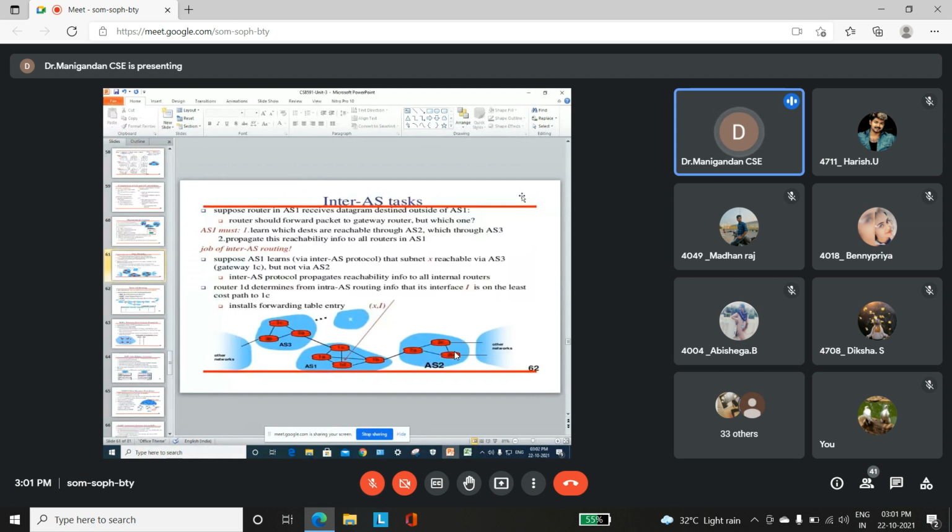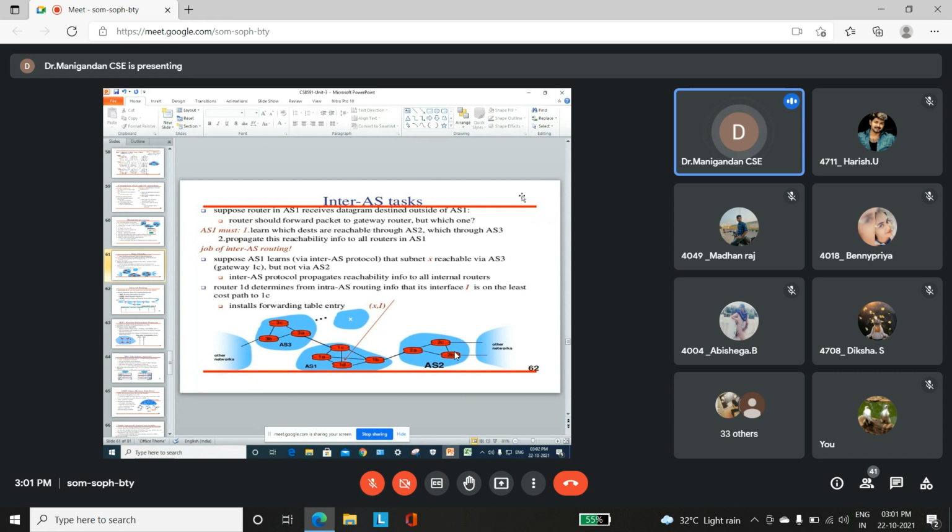Here is the inter-autonomous system task. It covers how data is transmitted from one autonomous system to another autonomous system.